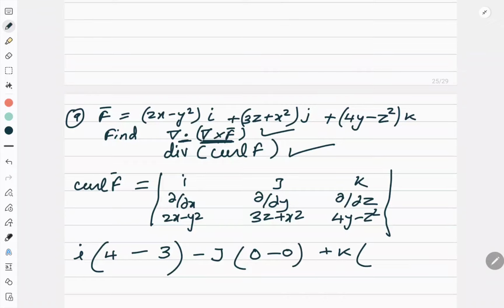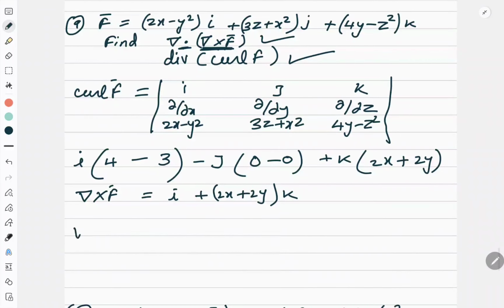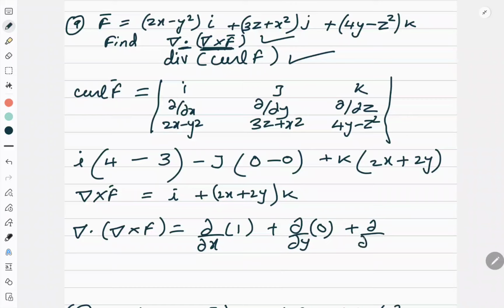Plus k, del by del x of this is 2x, plus 2y. So I got i plus 2x plus 2y k. This is my curl F, or del cross F as per the question. Now you need to do del dot of del cross F, which means del by del x of the coefficient of i, which is 1, del by del y of 0, plus del by del z of 2x plus 2y. So this is nothing but 0.